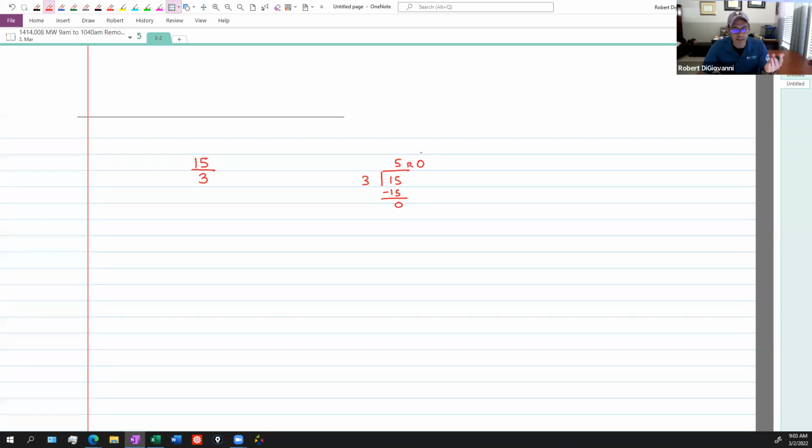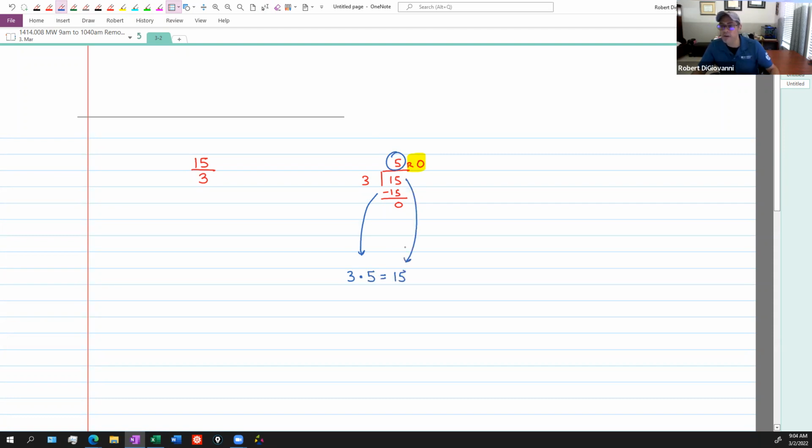What does getting a remainder of 0 mean when you divide a number like 15 by 3? It means that if you take this 3 and multiply it times this 5, you get back the 15.